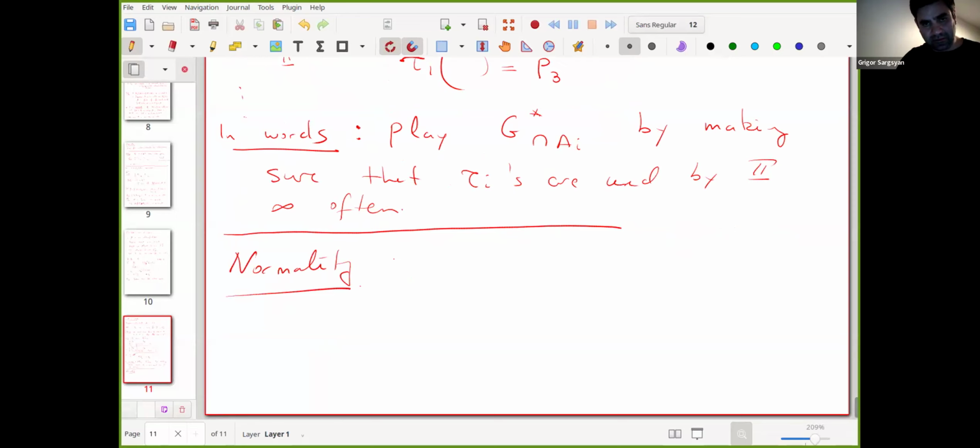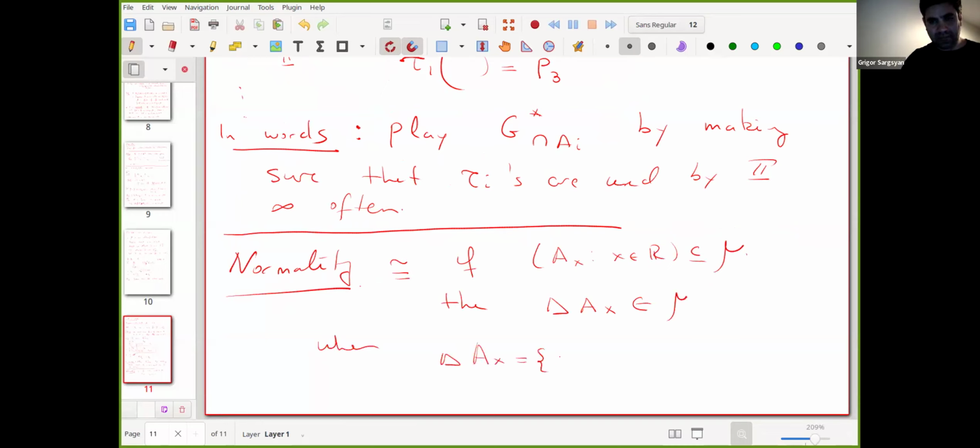For normality, this is equivalent to the usual thing: if you have A_x, x in R, subsets of mu, then the diagonal union is in mu, where the diagonal union is the set of sigma such that sigma belongs to every one of the A_x such that x belongs to sigma.